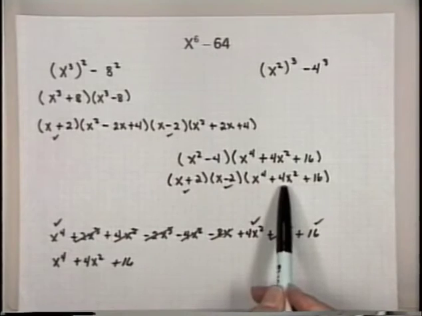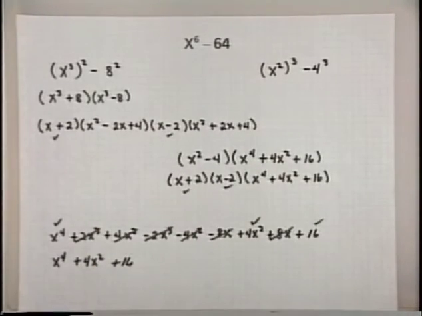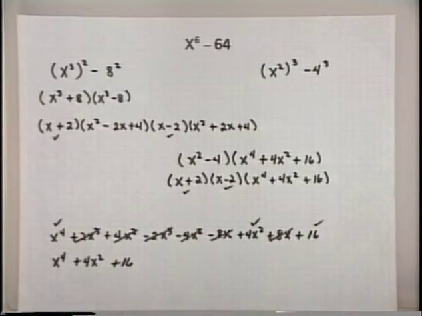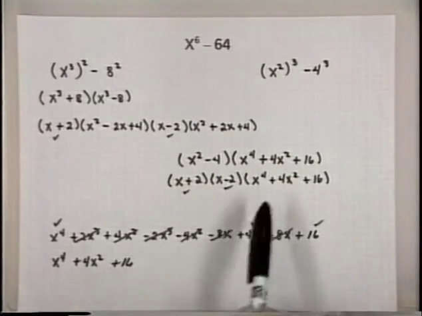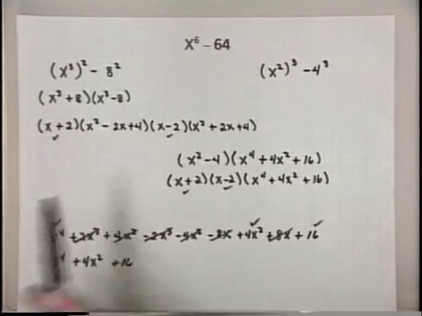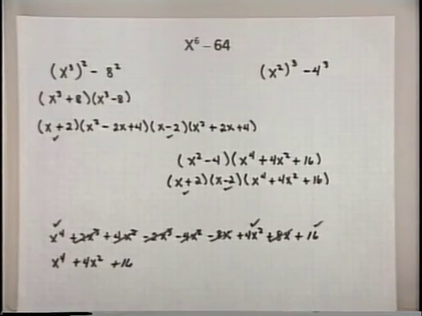We have seen that this can be factored into the product of these two factors. So this is not a prime factor. Now, how would we factor x to the 4th plus 4x squared plus 16 to get these two factors? It would be a very difficult process and one that you have not learned to do.